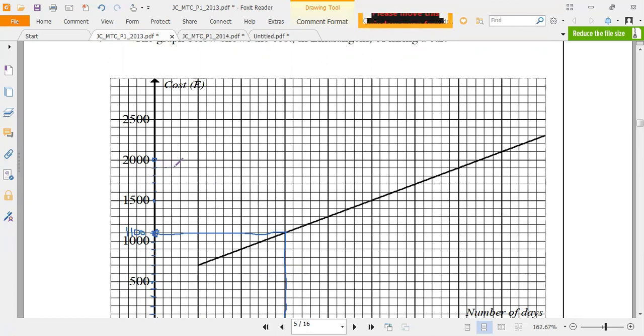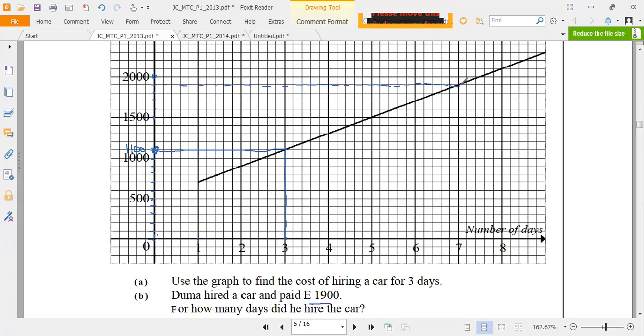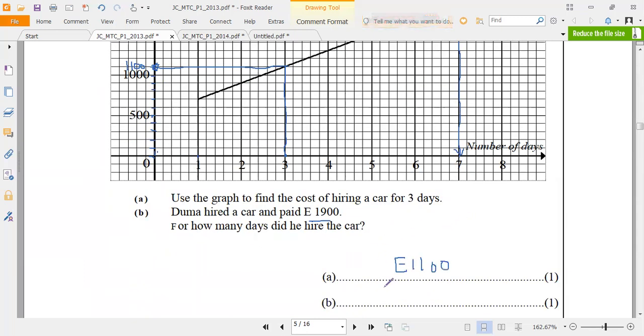We extend this to meet the line of best fit and read the number of days on the axis. It is 7 days.